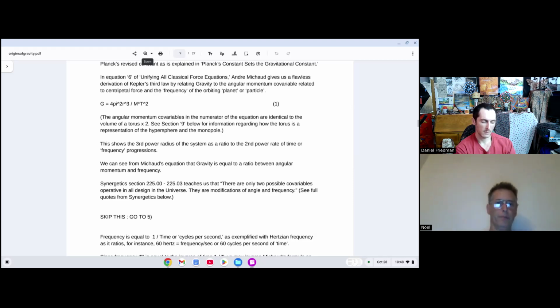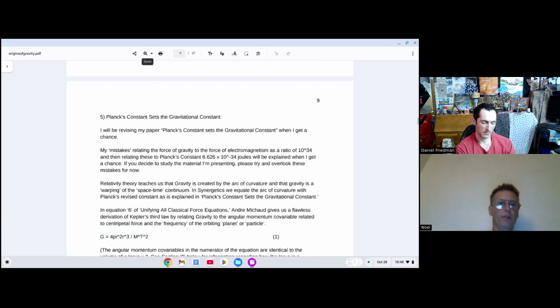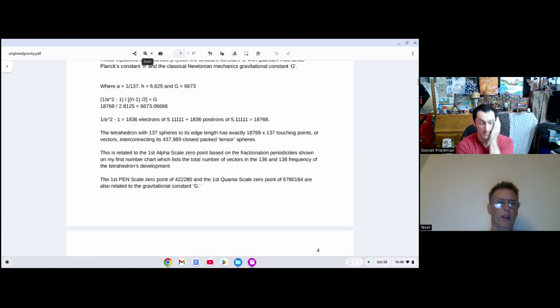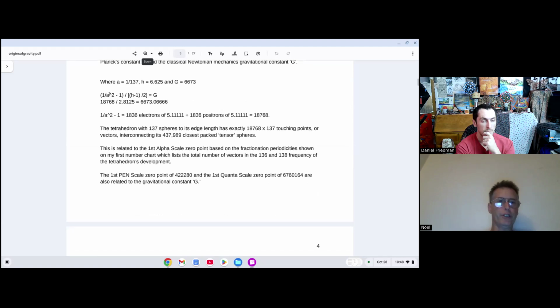I'm going to jump back up to show how now in this formula here we have a frequency setting, and here we have the angular momentum. So when you're measuring and dividing angular momentum by frequency, we're getting that gravitational constant.